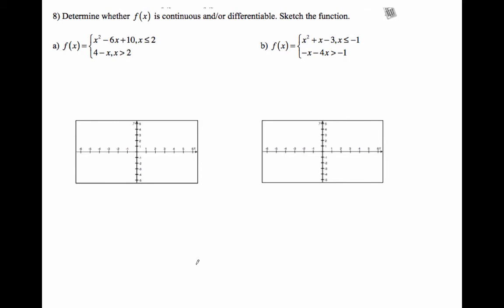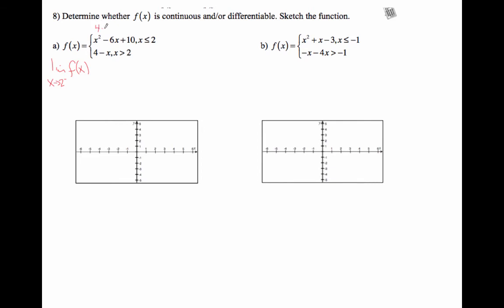Okay, so the first one we have f of x equals x squared minus 6x plus 10 when x is less than or equal to 2, and 4 minus x when x is greater than 2. All right, so we'll start with continuity. So we'll do the limit as x approaches 2 from the left. I'll plug into the top piece.